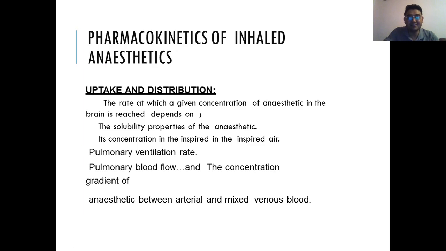Pharmacokinetics of inhaled anesthesia: the rate at which a given concentration of anesthetic in the brain is reached depends on several things. For an ideal, desired general anesthesia, the concentration of our agents should reach a standard level inside the central nervous system.